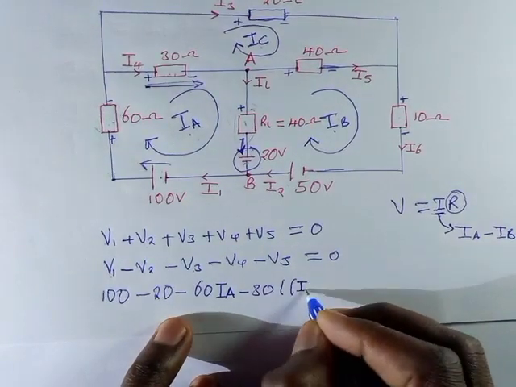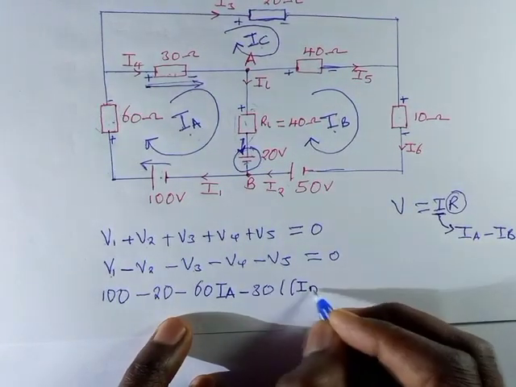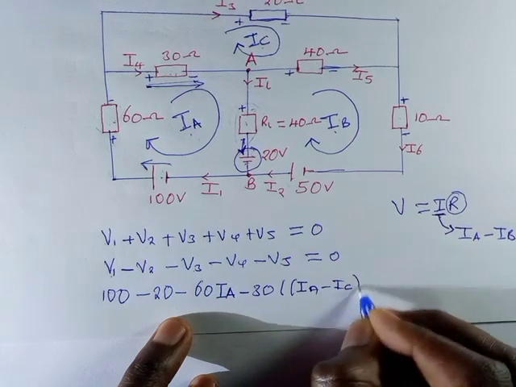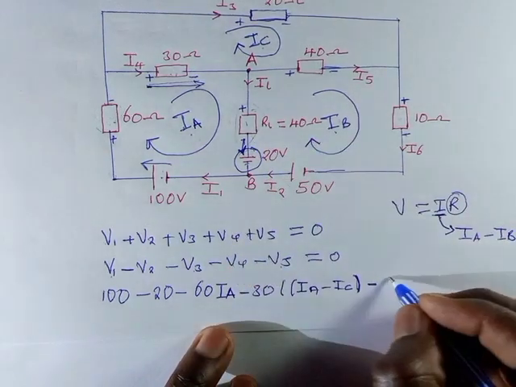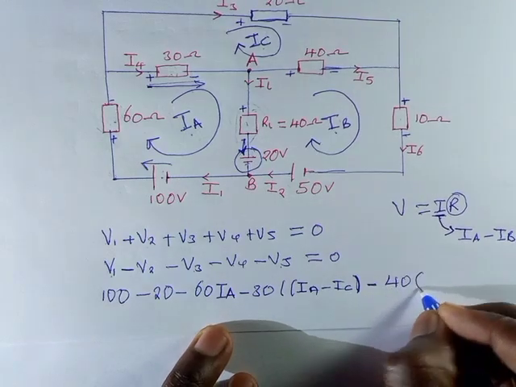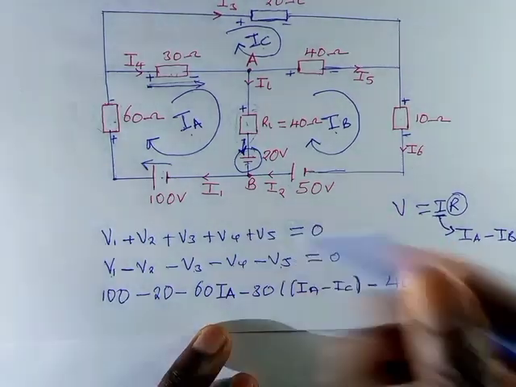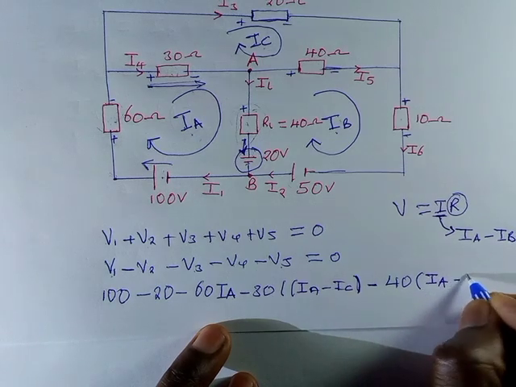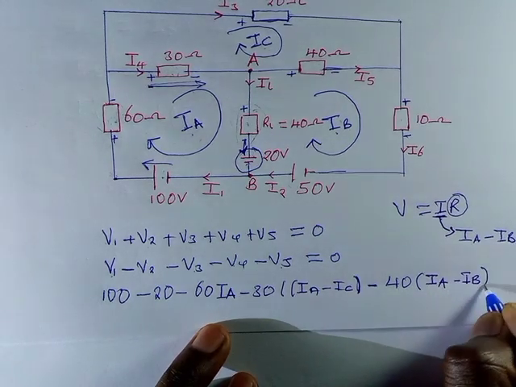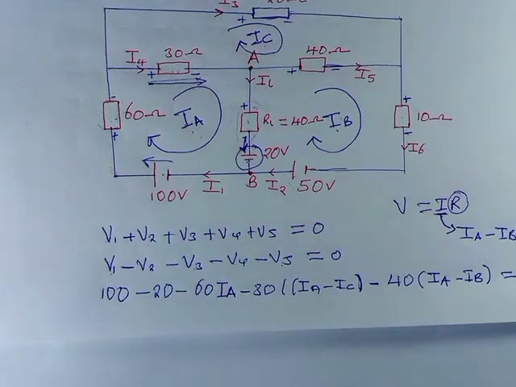Hence we are going to have Ia minus Ic. Then for this one we need to follow that, which is 40, open. The currents that we have are supposed to be Ia minus Ib equal to 0.